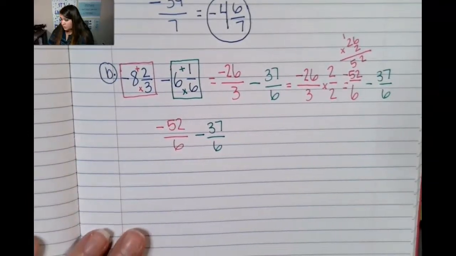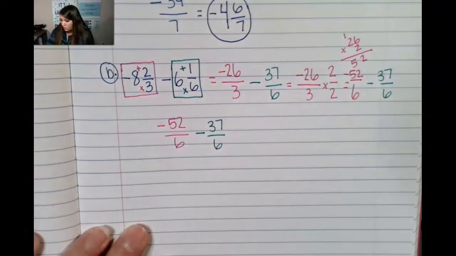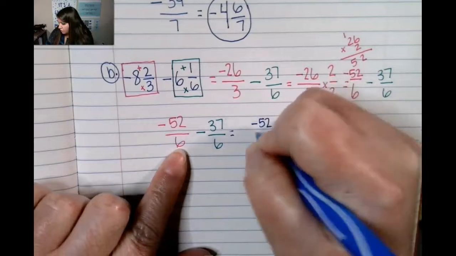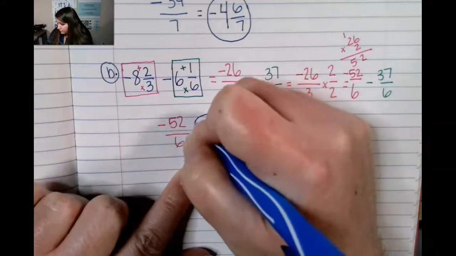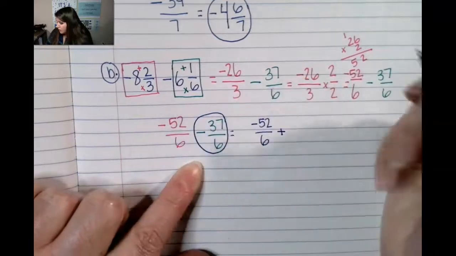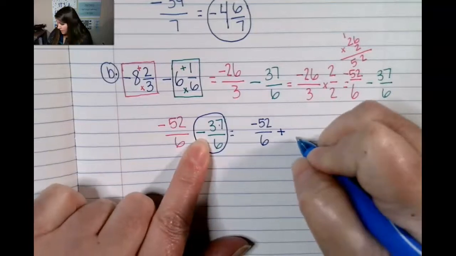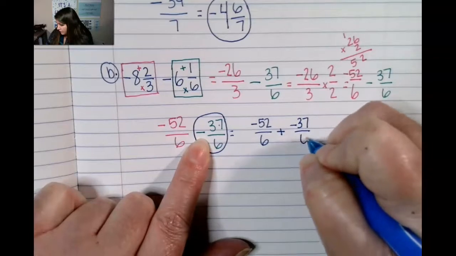So what we're going to do is rewrite this problem as -52 over 6. And we are going to add the opposite of 37 over 6, which is keeping that sign with it. And now we're just going to move it over, -37 over 6.